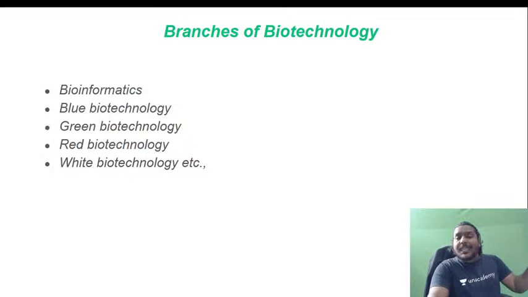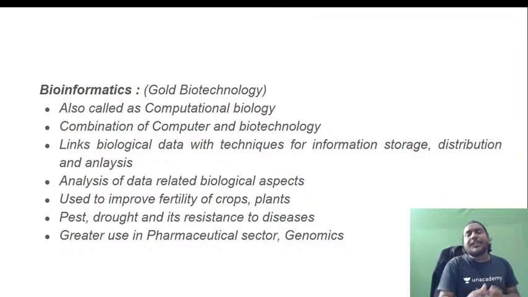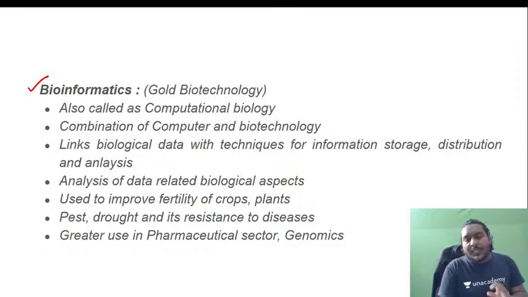So bioinformatics. When you hear the word informatics, it must be very clear for you that you would be using the support of a computer. A computer would be used for helping you in areas related to biotechnology. We call it bioinformatics, which is also called gold biotechnology.